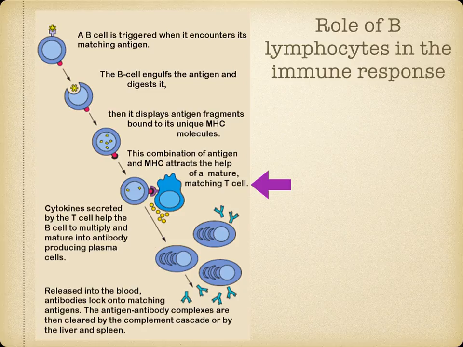So in this diagram here, the T helper cells attach to the MHC proteins with the antigens on the surface of the B lymphocyte. The cytokines are secreted by the T cell, and these help the B cells to multiply and mature into antibody-producing plasma cells.